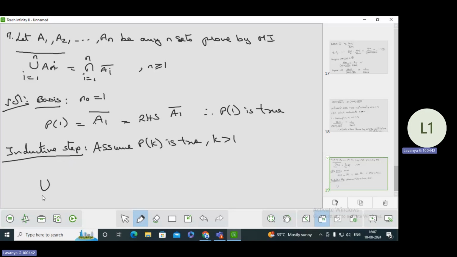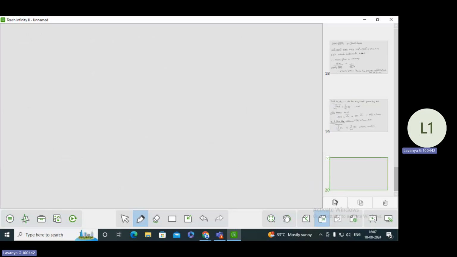That means I have the complement of the union, i equals 1 to k, of Ai equal to the intersection, i equals 1 to k, of Ai complement. So this is true. Let me take this as my equation number 1. I have to prove P of k plus 1 is true.